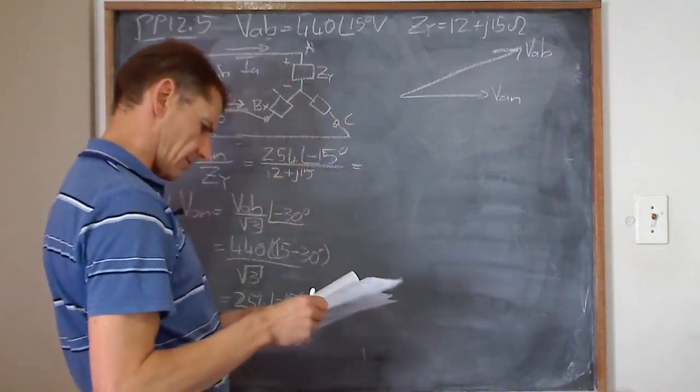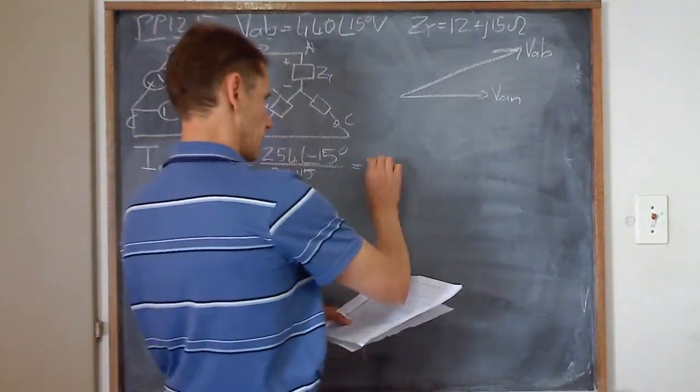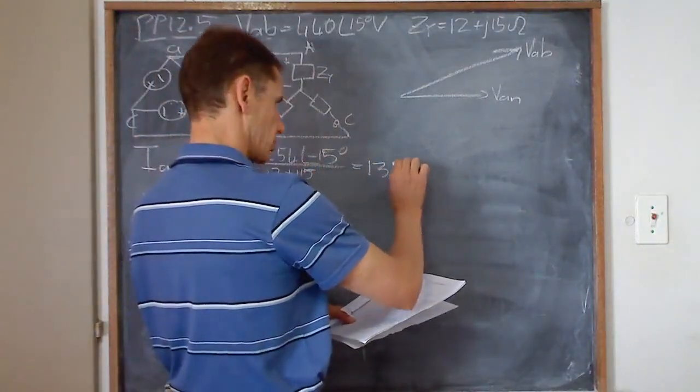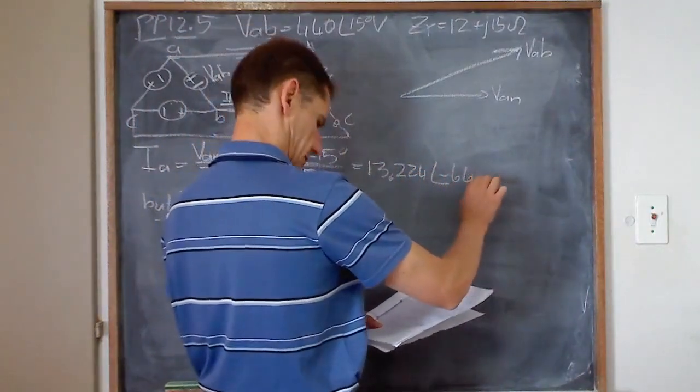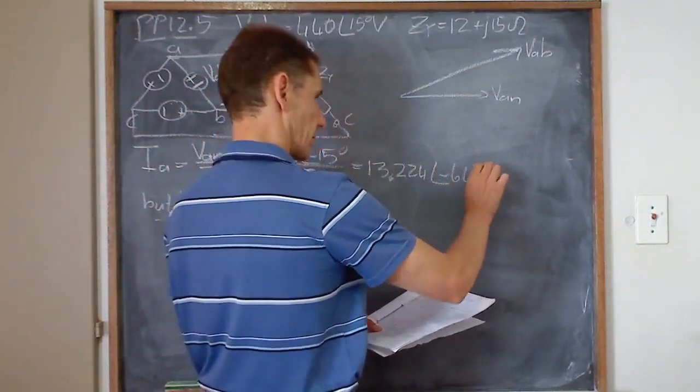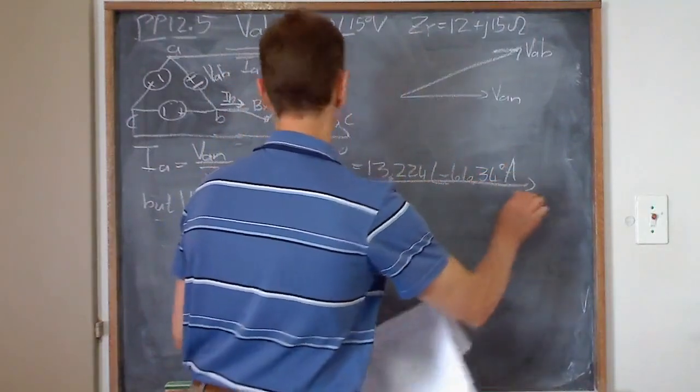Okay, and that answer I've got ready, and that gives me 13.224 angle minus 66.34 degrees amps. Okay, so that's IA.